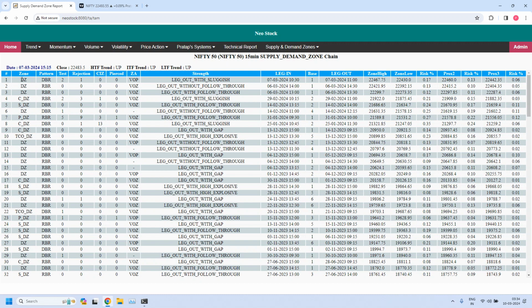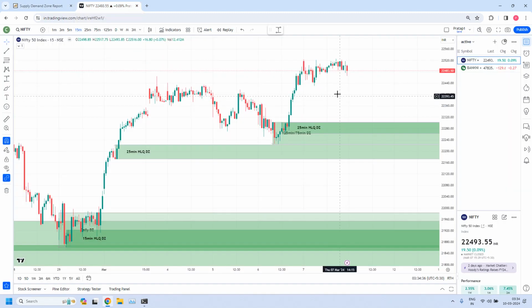But what is the most recent 15 minutes demand zone? Let us look into that. See, it is already tested 2 times. That means holding the prices. Probably this could have been inside a 25 minutes demand zone. That could be the reason. Let us check. This is on 7th, 7/3/24. 7/3 means this is the latest one.